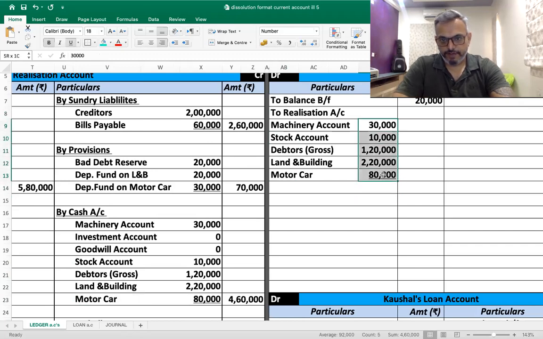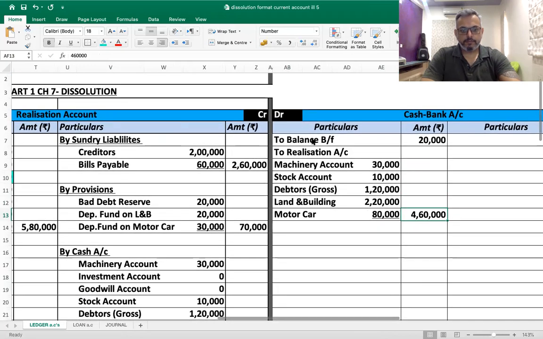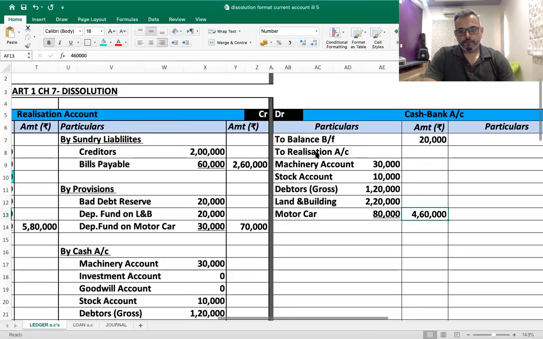Always cross verify 4,60,000. So to realization account, in the cash and bank account, we write all the details.